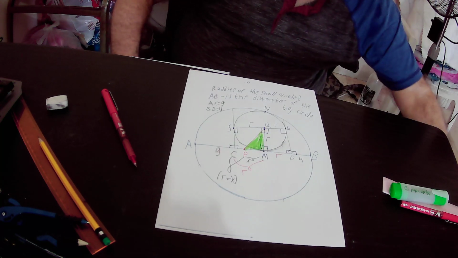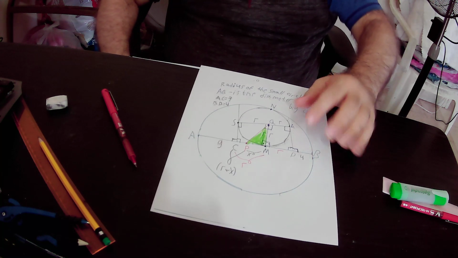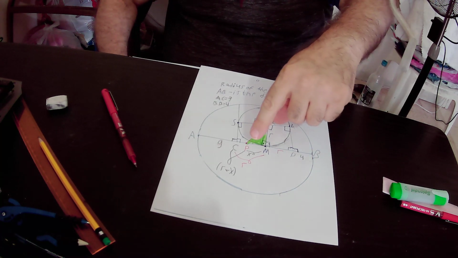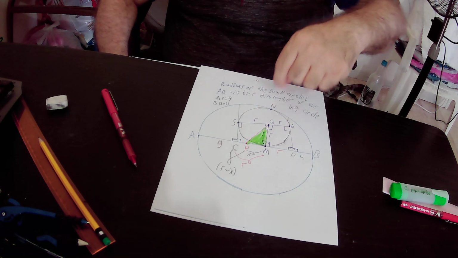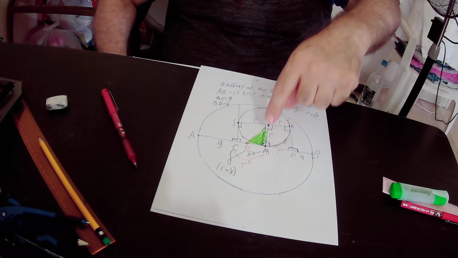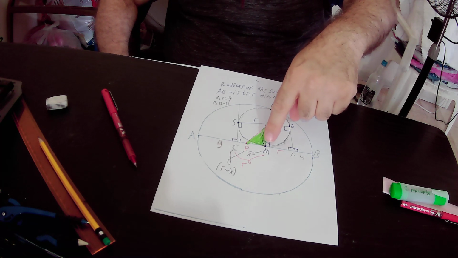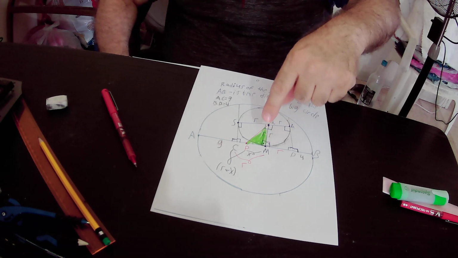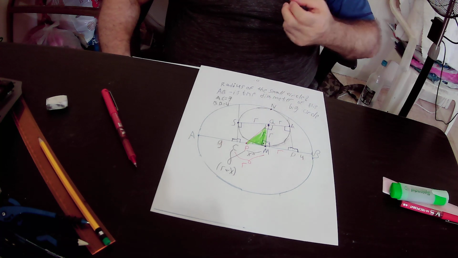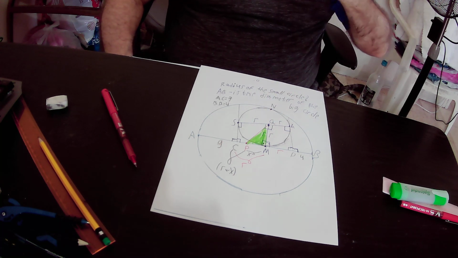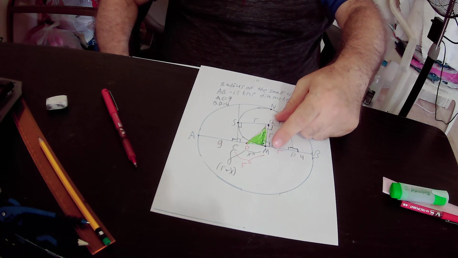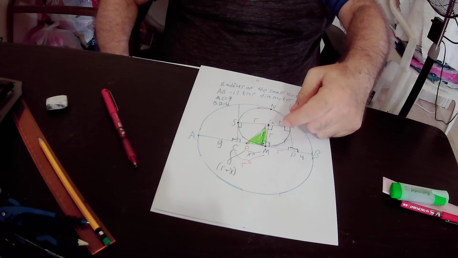Okay, so we connected together points P and Q by a straight line, and here we have a right triangle because this angle is a right angle. So the green triangle is a right triangle, and we use the Pythagorean theorem in order to find out the value of QM, that is the radius of the small circle.